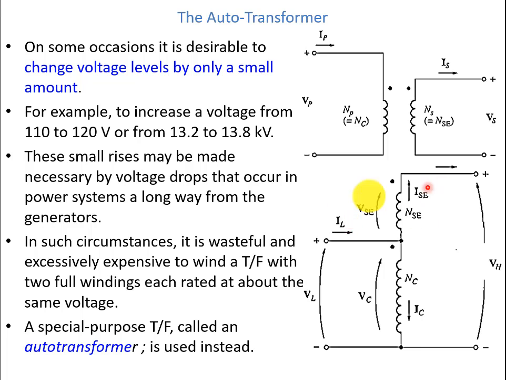You might have seen these variacs in the lab, and if you have not, you might be seeing them in the electric machines course laboratories. So you will, inshallah, gain experience with these variable transformers.